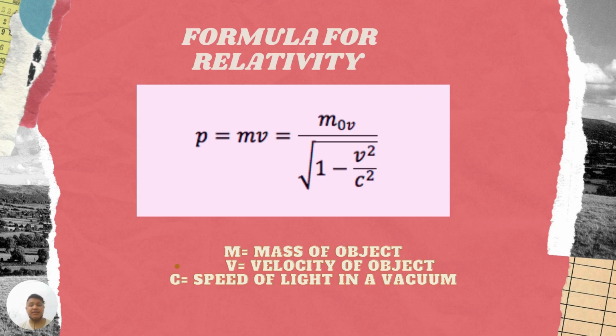Because the object has a very high velocity, its momentum P, also known as the relativistic momentum, is given by the following equation: m times v divided by the square root of 1 minus v squared divided by c squared. This is known as the relativistic momentum equation.